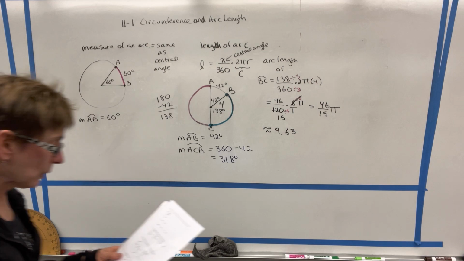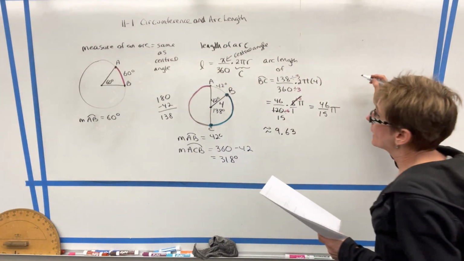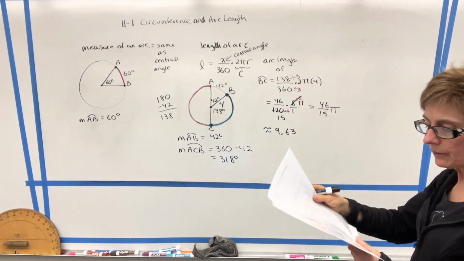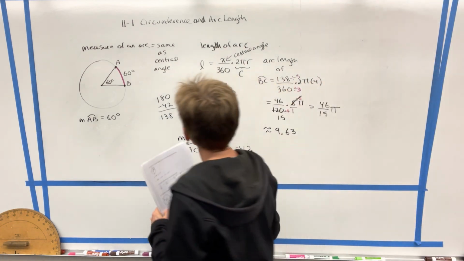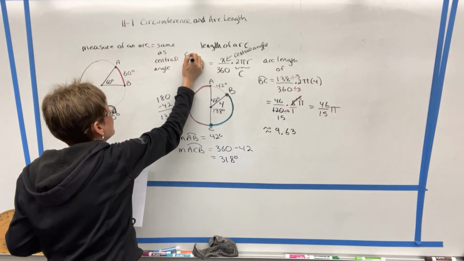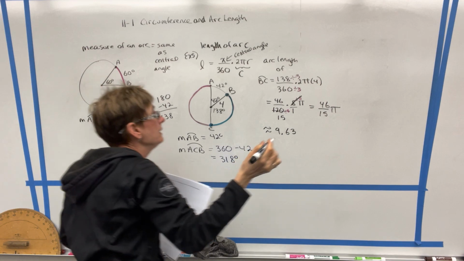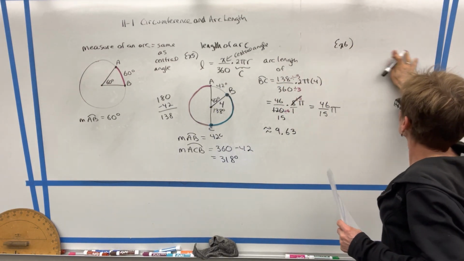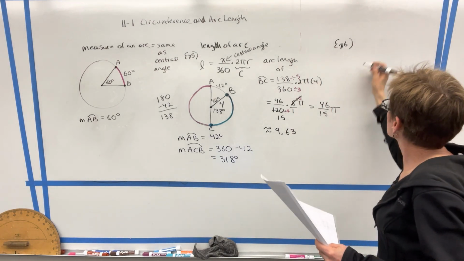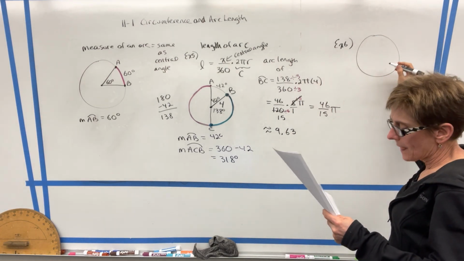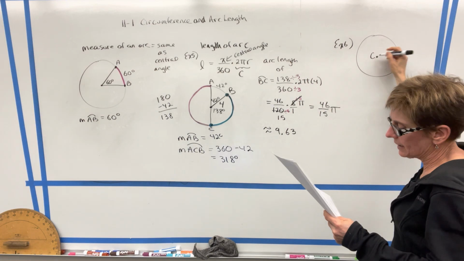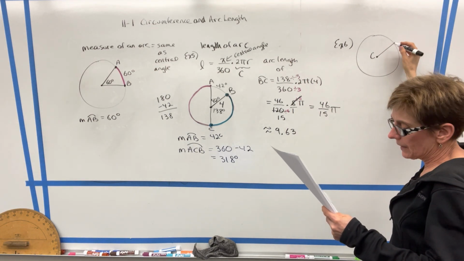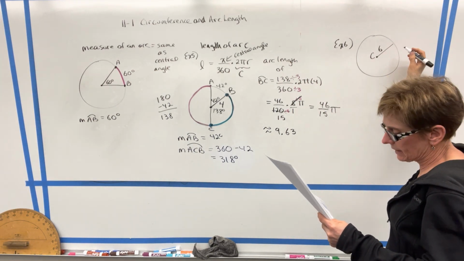Okay, let's do one more example with arc length. So I think we had 4 examples before this. This would have been example number 5 that we just did. Let's do example number 6 now, and this will be our last example. Let's draw our circle, and then we'll have the center be C, and then we have the radius of 6.